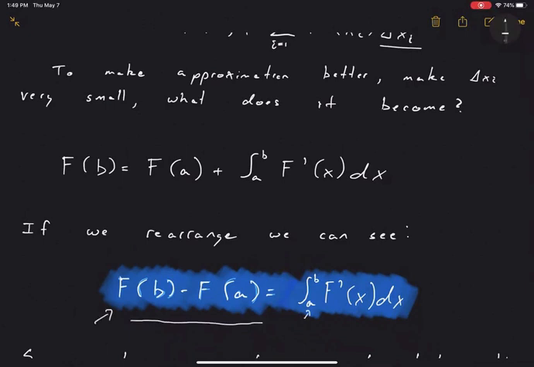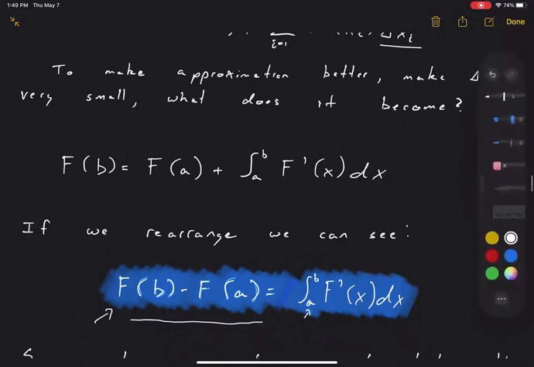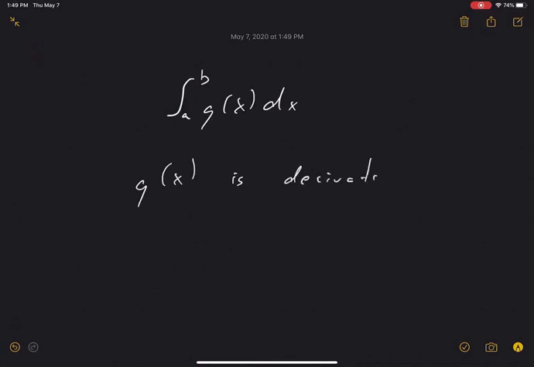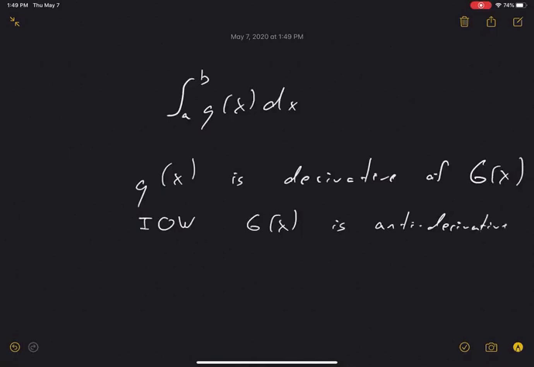Okay, so let's go to a new page for a second. Let's say I have a function g of x dx, and I'm integrating from a to b, and I know g is the derivative of some other function. Let's call it capital G. In other words, capital G of x is the antiderivative of little g of x.